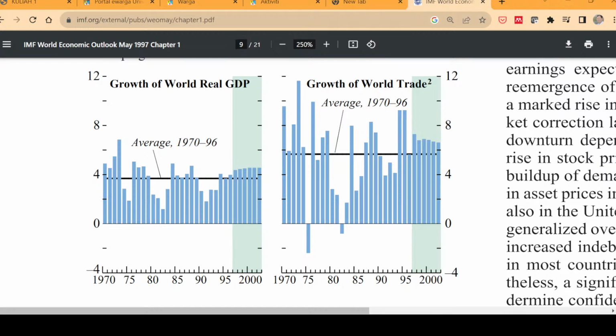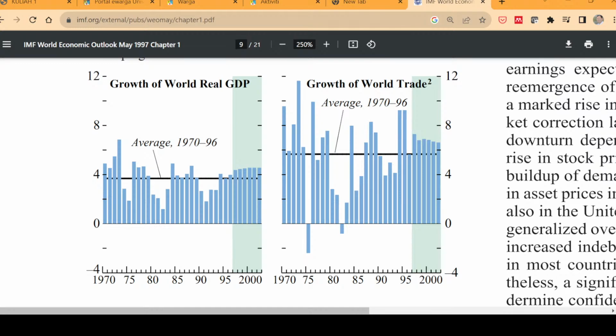Why? World trade is even more dynamic. The changes can occur faster compared with the world economy. That's why it can change at a higher or lower extent, a bigger fluctuation than world growth.